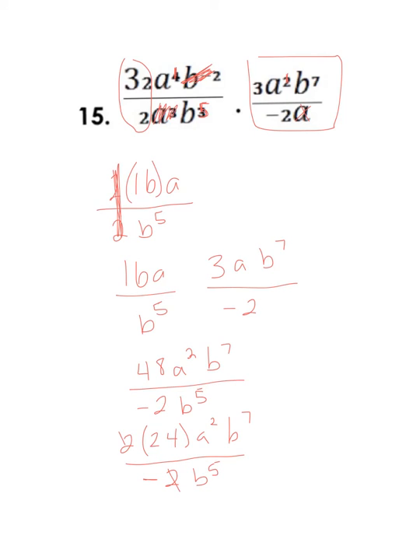And then we just need to simplify b to the fifth and b to the seventh. I can get rid of 5, so that's going to be gone, and this is going to be b to the second. And so what we end up with is negative 24a to the second b to the second over 1, or you could just leave it that way.